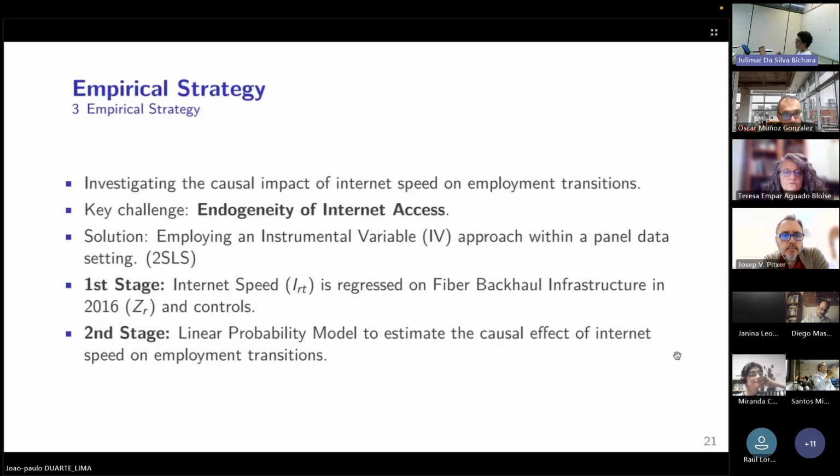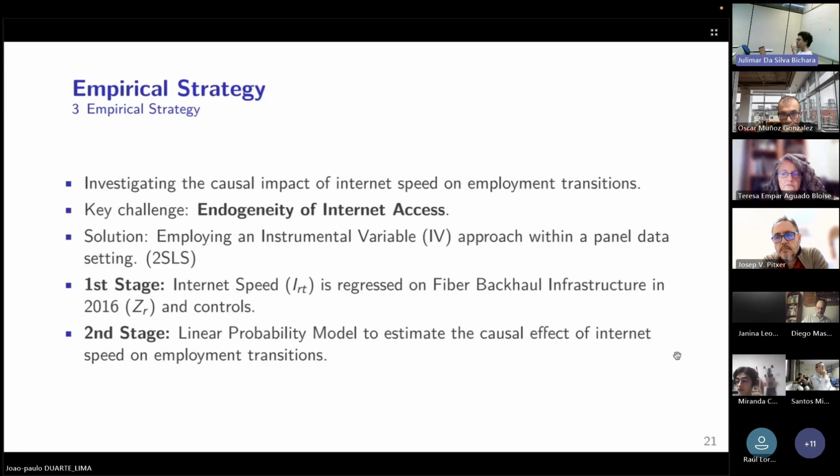So the empirical strategy: as I have an endogeneity problem with internet access, I solve this with a two-stage regression. In the first stage, I regress the internet speed, the number of high internet speed connections, on the fiber backhaul infrastructure in 2016.